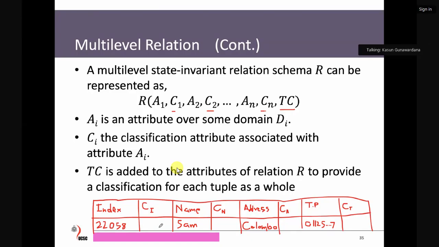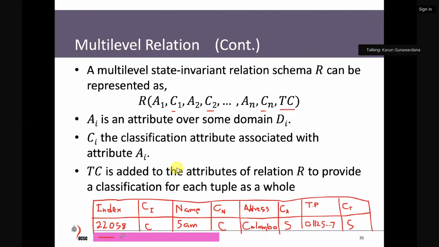So each of these data items will have its own classification level. Like this index number might be confidential. Name might be confidential. Address might be secret, right? The telephone number might be secret in another student.